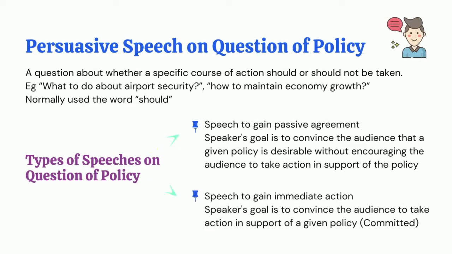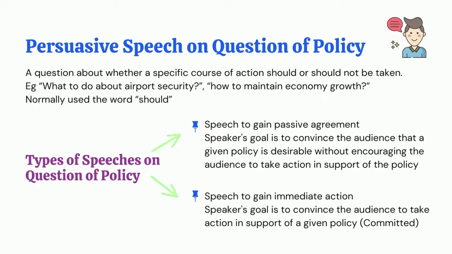Persuasive speech on question of policy. This is the third type of persuasive speech. This is a speech where the question is whether a specific course of action should or should not be taken. For example, what to do about airport security, or how to maintain economic growth. Normally, use the word should. In these types of speeches on question of policy, there are two types.